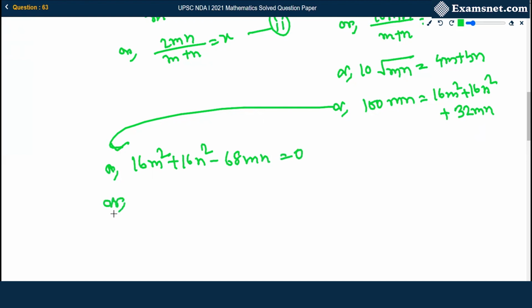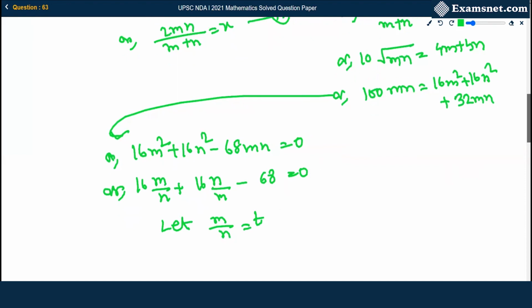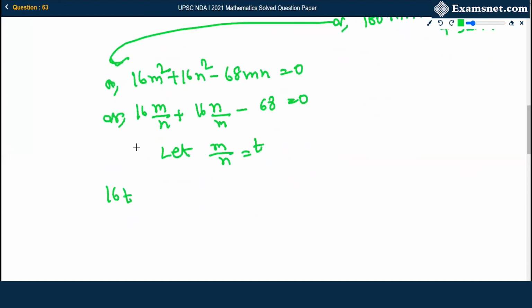We can divide by mn on both sides, so it becomes 16 m by n plus 16 n by m minus 68 equals 0. So let m by n be t. The equation becomes 16t plus 16 times 1 by t minus 68 equals 0. So 16t square minus 68t plus 16 equals 0.